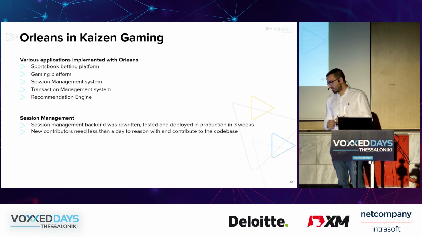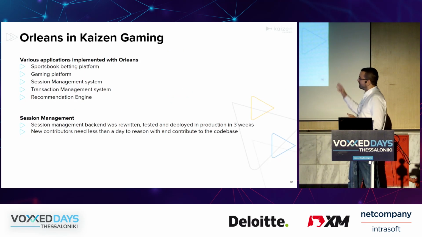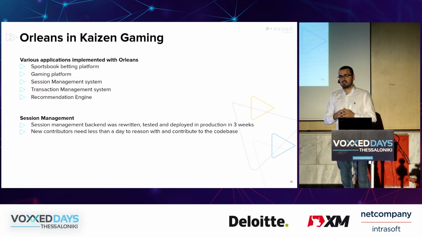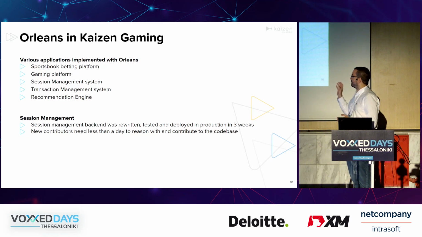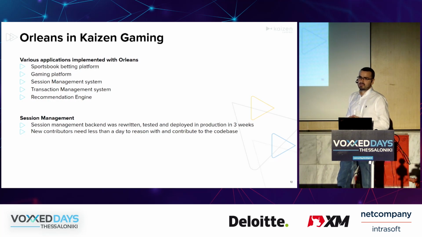So how did we use that? Almost everything that you see is something that has to handle this kind of traffic, those spikes that we have. New implementations that we have all try to be written in Orleans. A small thing, for example: for the session management, we were able to change the session management and scale it within 3 weeks.